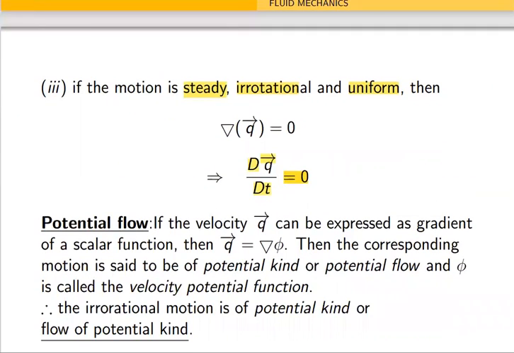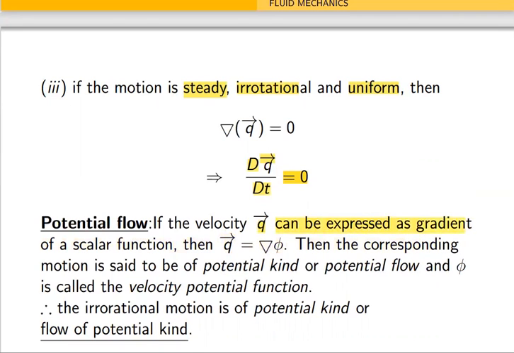Let us see what is called potential flow. If the velocity q can be expressed as gradient of a scalar function, that is velocity is gradient of some phi, then that motion is said to be of potential kind or potential flow, and that phi is nothing but the velocity potential function. Whenever q is gradient phi, what is curl of q?